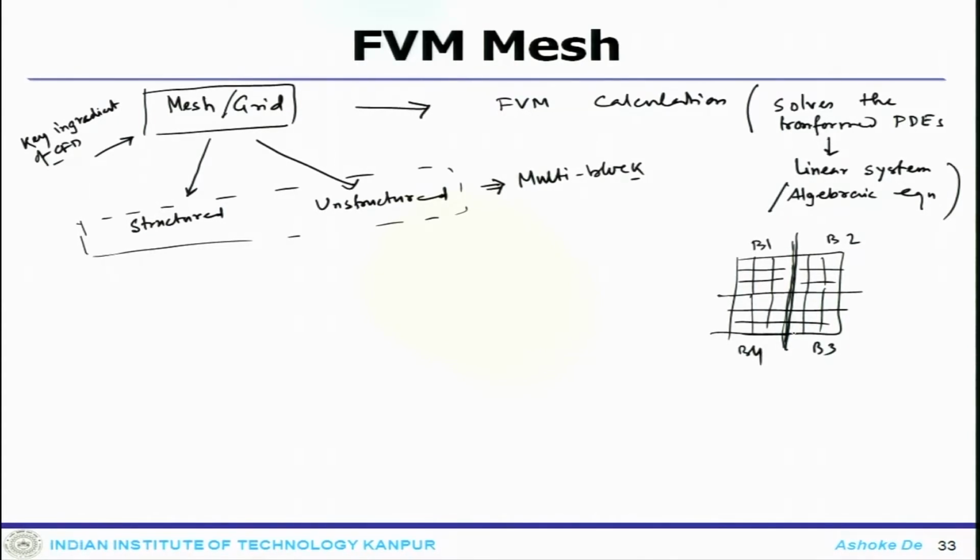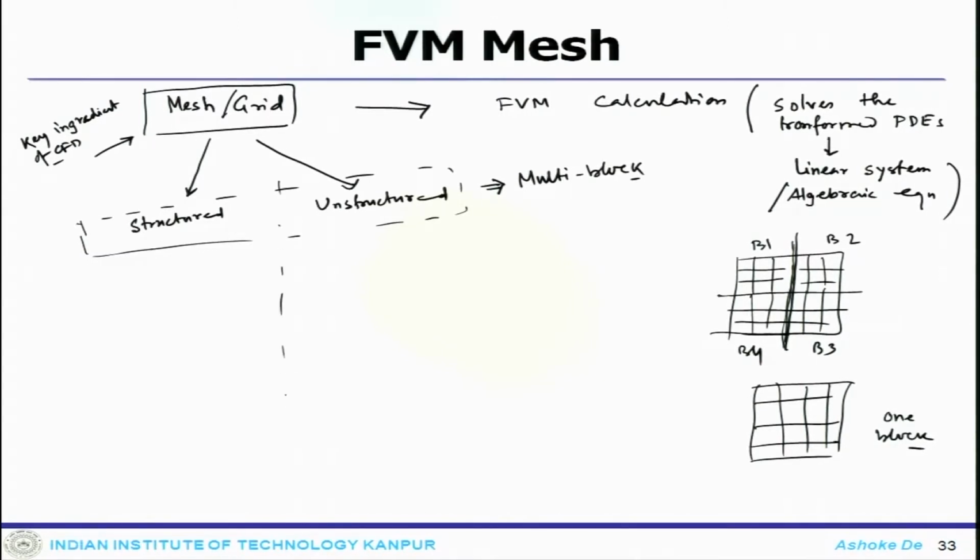So, I can either way have a simple single block system, like this is a one block system, or I can have a multi block system. So, mesh could be structured or unstructured.